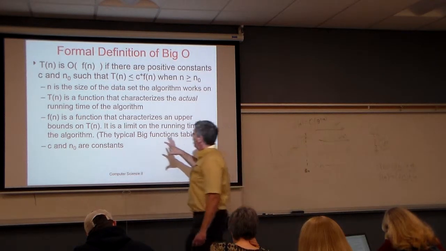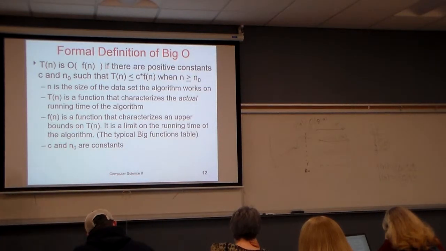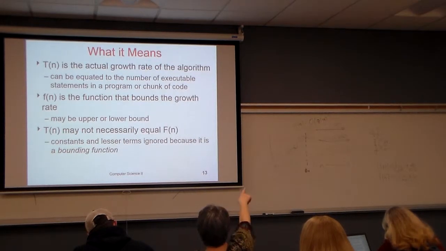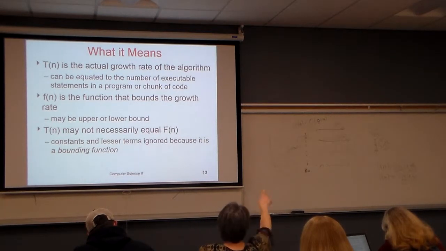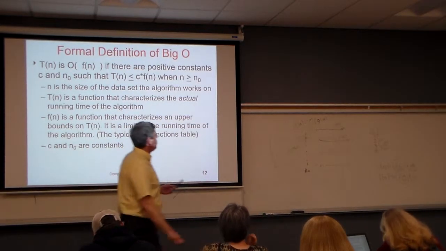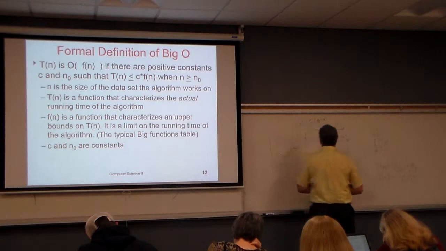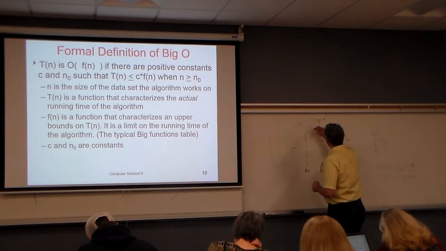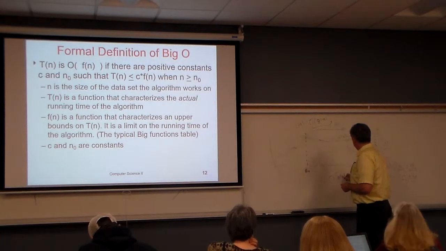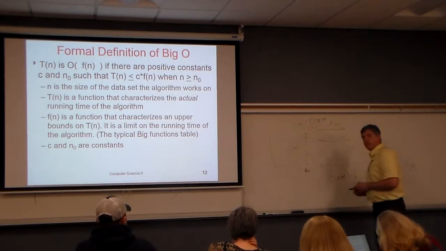And then they talk about these constants. Again, I don't want you to get into those kind of details. I just want you to get a feel for what we're talking about there. How do you read that? F of n is in the big O of g of n. Technically, and I probably shouldn't introduce this, but I'm going to, big O of g of n is actually a set of functions.